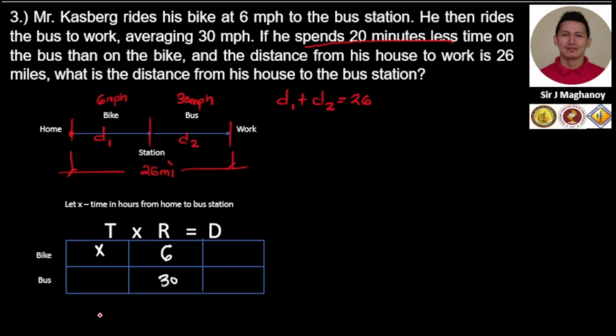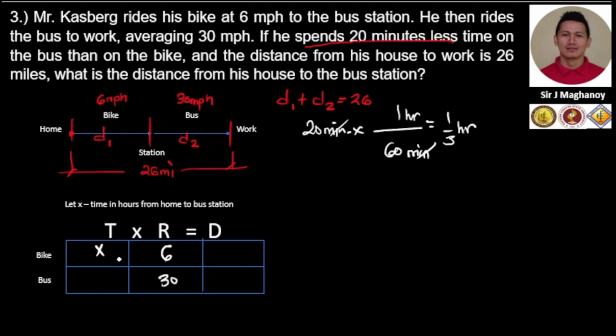Before we write our equation, convert the 20 minutes first into hours, before you use it in the equation. So that will become 1/3 hour.